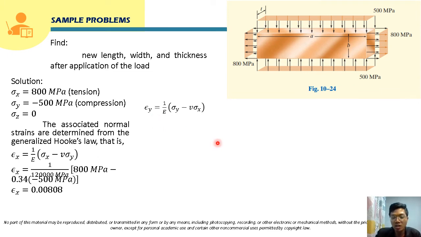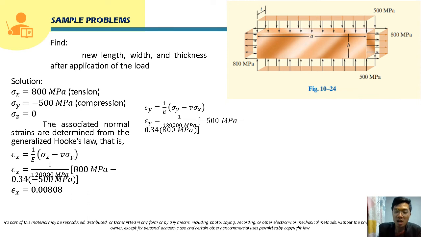Now for the strain in the y direction, this is the formula for the strain in the y direction. This is already the combined strains caused by the stress in the y direction and the stress in the x direction. So we will just substitute the values here.